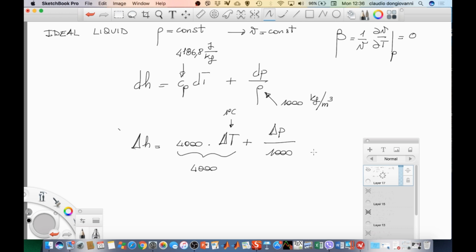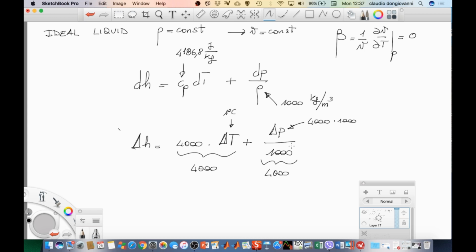In order to have this term comparable, how big does the variation in pressure have to be? No, not 1 bar. You have to put here 4,000 times 1,000. In this case, these two terms are comparable.